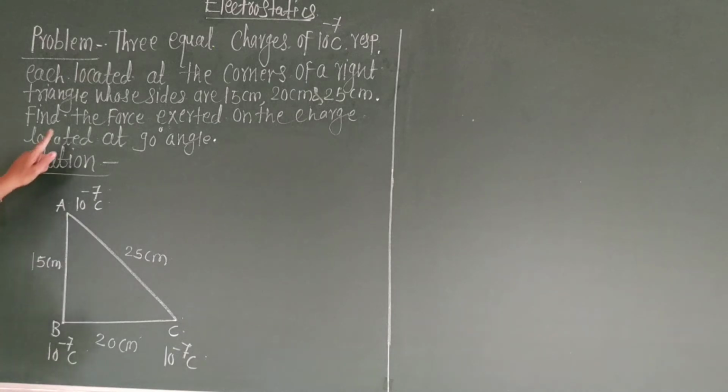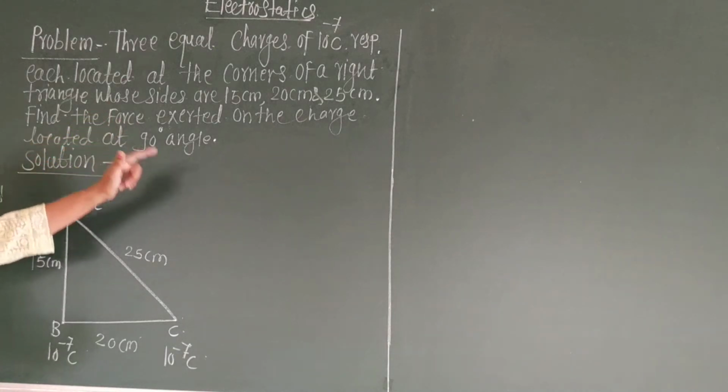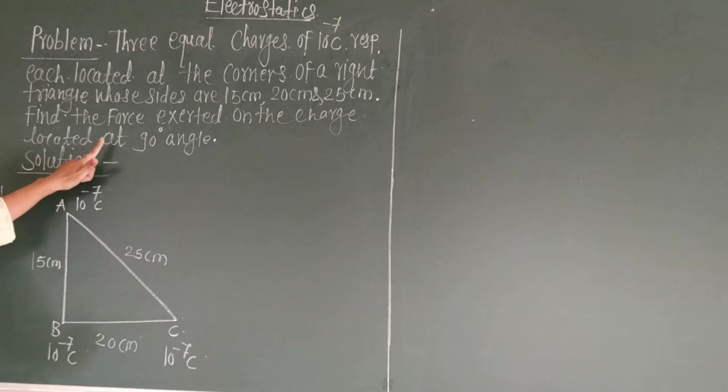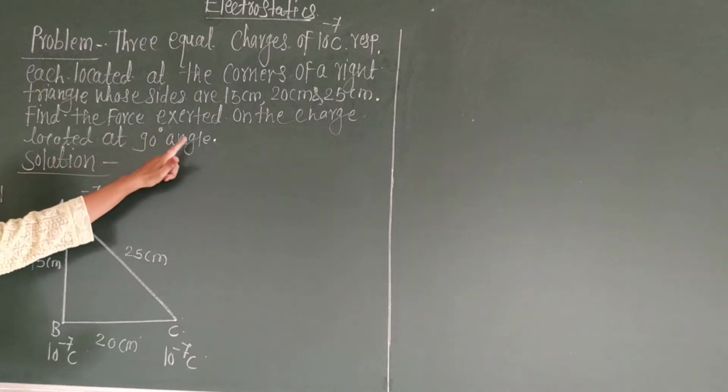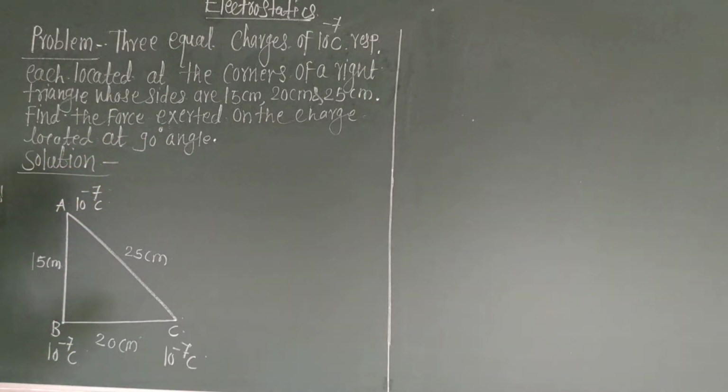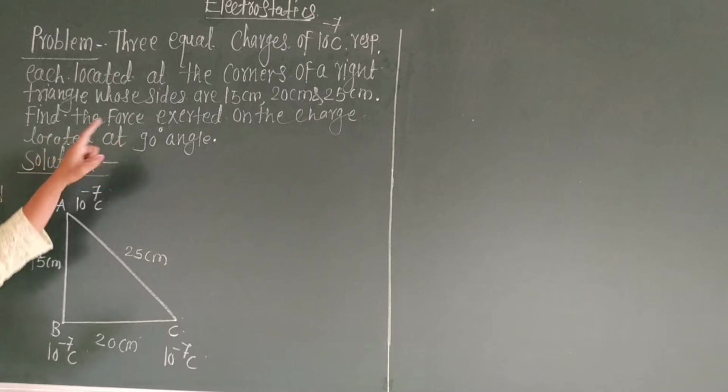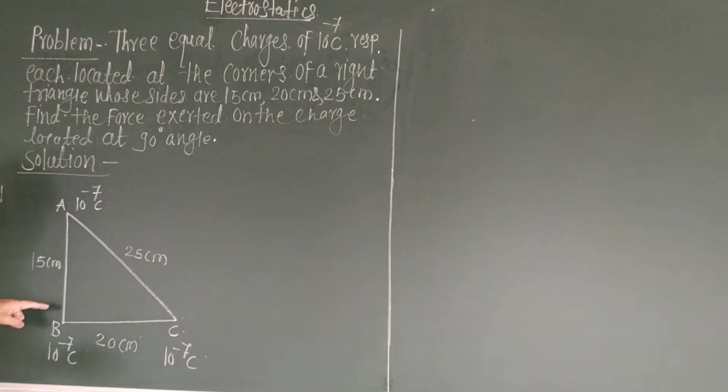Now, find the force exerted on the charge located at the 90-degree angle. We have to find out the force exerted on the charge located at the 90-degree angle, meaning this is the 90-degree angle.